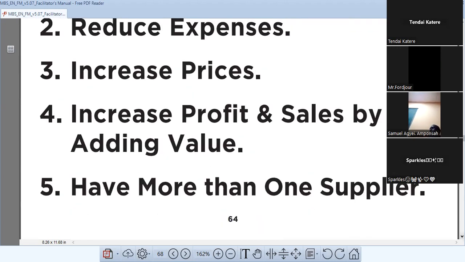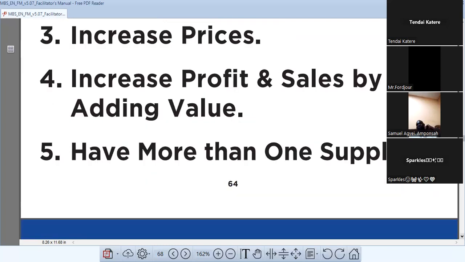And the next thing is you need to increase the price of your product. If you're selling something, you need to look for ways that you can increase its price. Some of the things you can do is brand your product. In the case of John, we realized that he added some salad and some soup, and he was using China plates.